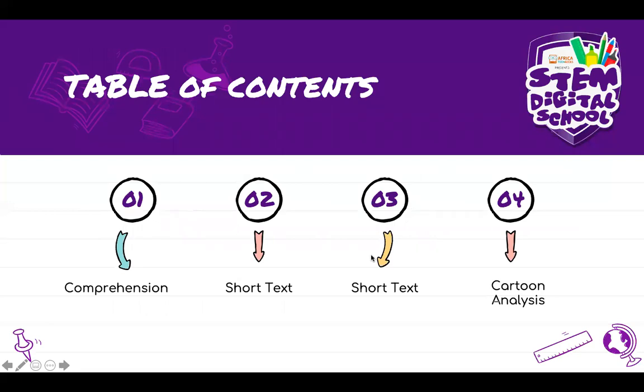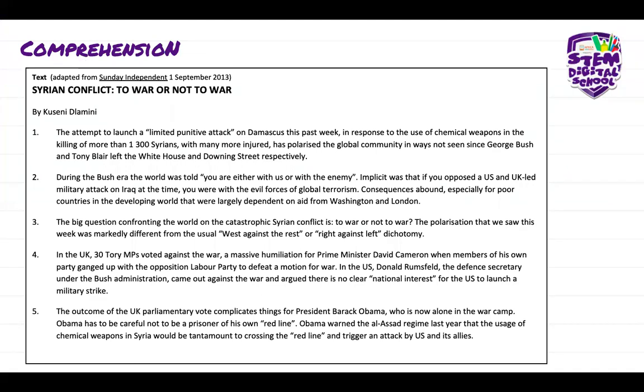So here is the lesson once again. We've got a comprehension, a short text, another short text, and then a cartoon analysis. Here you go. The comprehension: Syrian conflict. You may take a screenshot of this. You can read it on your own, but I'm going to leave it here for a while.